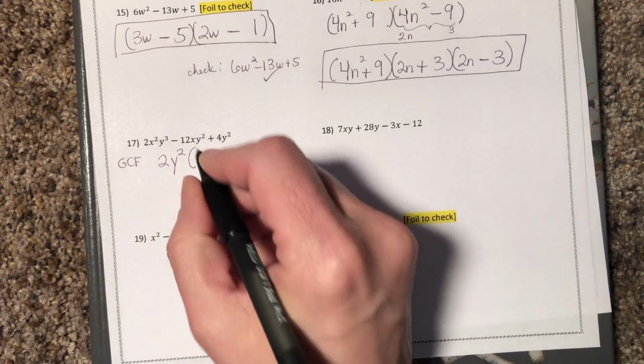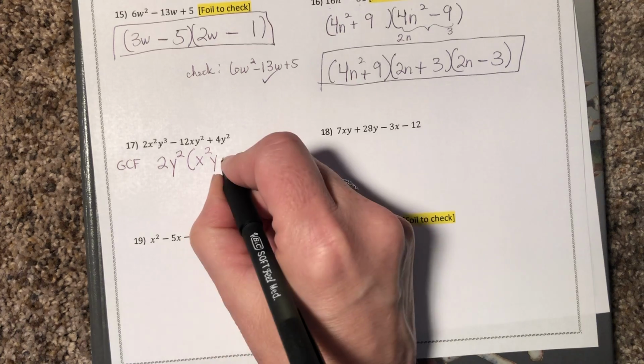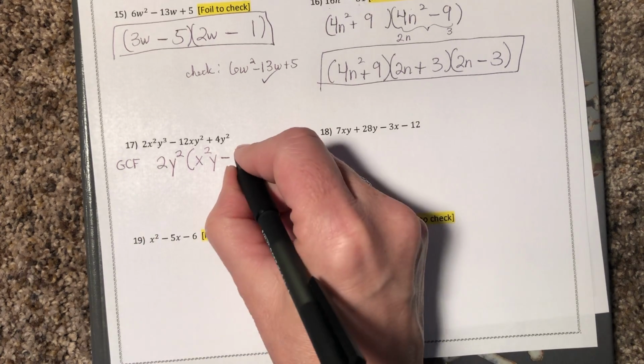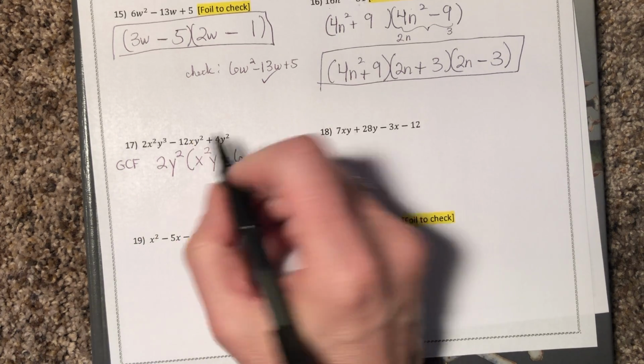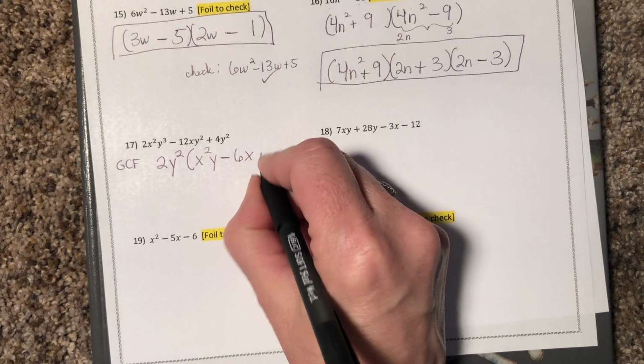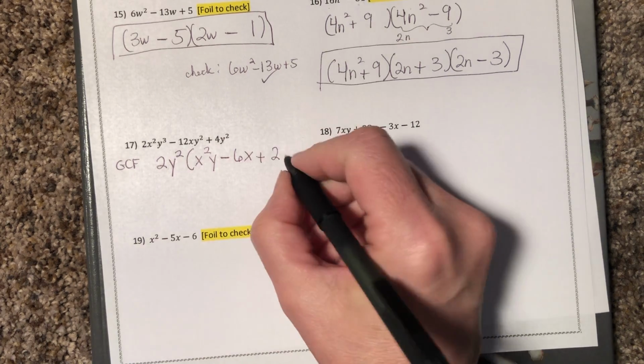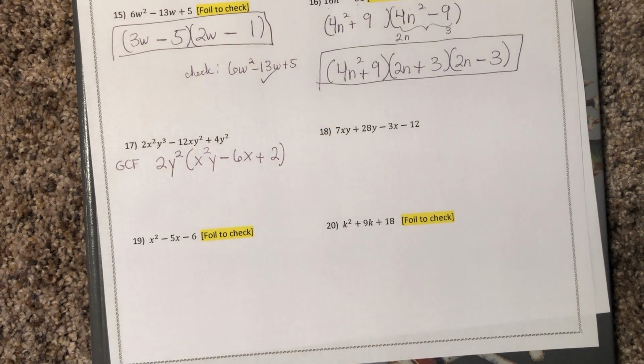So 2y squared is going to be x squared y left, minus 2 times 6 makes the 12. I need an x, and I already have the y squared, plus 2 times 2 makes 4. I already have a y squared. So that's my GCF step.